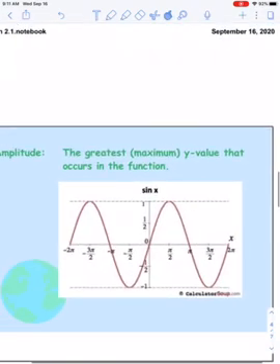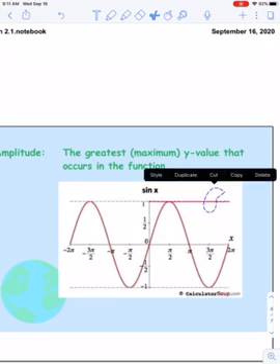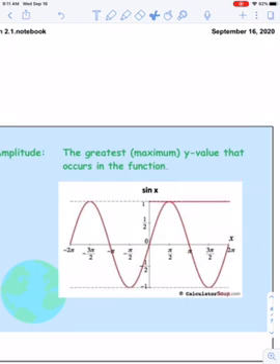Your amplitude is the height of your function, okay? So the greatest height. Our greatest height was 1 because it was the radius of the circle. You couldn't get further away from the x-axis than the entire length of your radius, which is always just going to be 1. The only time your amplitude is going to change is if we start to alter the function itself.